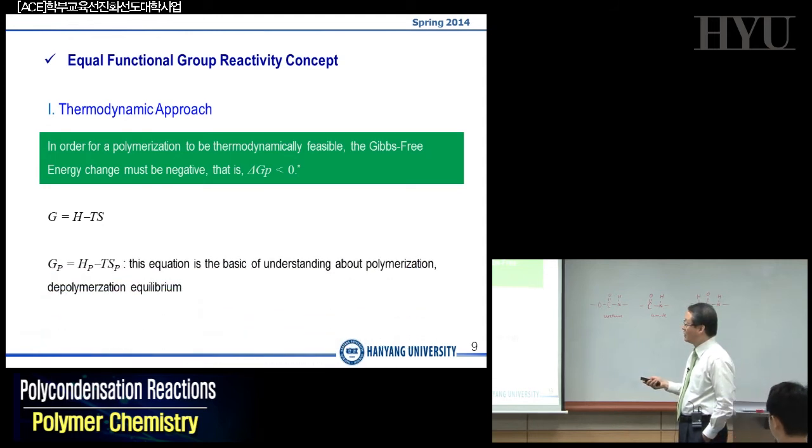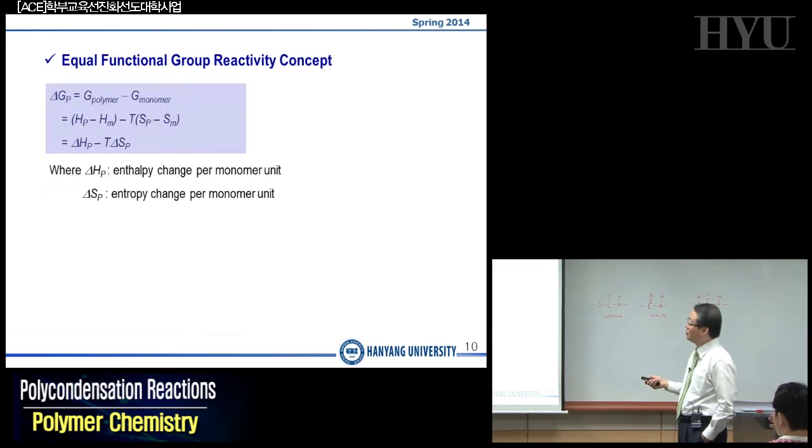Okay? So the Gibbs free energy definition is equal to enthalpy minus T times entropy, and we all know that this equation is a basic understanding of polymerization reactions. The Gibbs free energy difference between polymer and monomer is regarded as the Gibbs free energy of polymerization, and we can say that delta GP equals delta HP minus T times delta SP, where delta HP is the enthalpy change per monomer unit, whereas delta SP is the entropy change per monomeric unit.